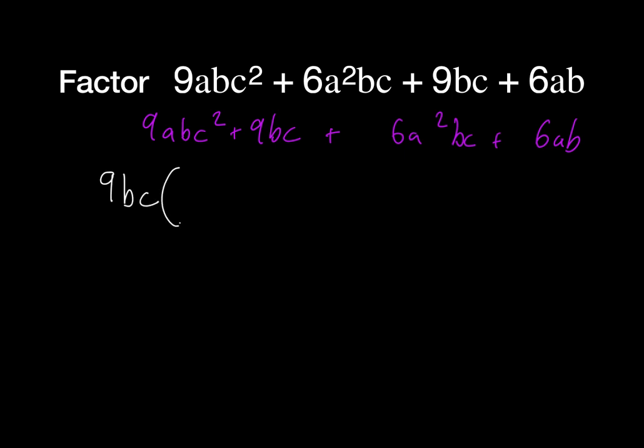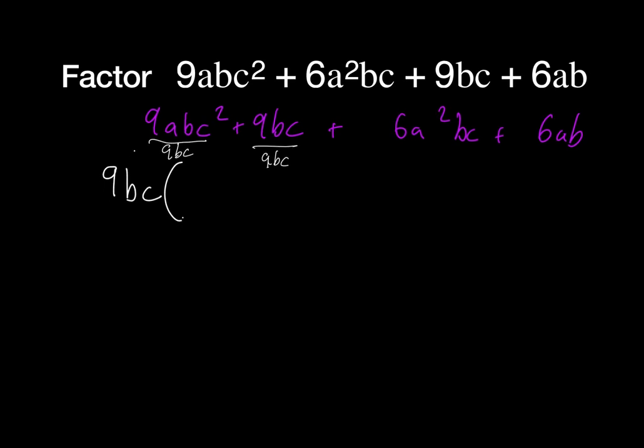So what we're really doing is saying, all right, if I divide this by 9bc, and I divide this one by 9bc, what am I left with? So I am left with, the 9's reduce, sorry, that's an A. Undo that.